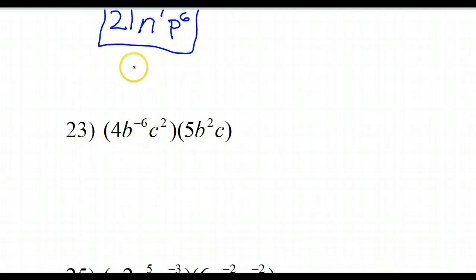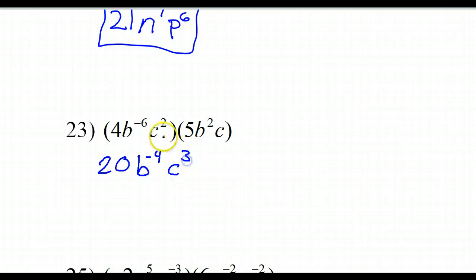All right, similar to the problem above where we got 21, 4 times 5, of course, is 20. When we multiply variables, we add the exponents. I would go ahead and do that now. So that will give me b, but -6 plus 2 is -4, so I'll have b to the -4 power. And then I will have c to the 3rd power, c squared and c.